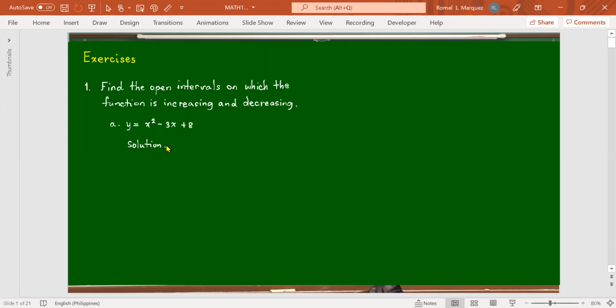So to determine where this function is increasing or decreasing, we get the derivative. So for the first derivative, we have 2x minus 3. Then to determine where y is increasing, decreasing, we're going to have y prime greater than 0. Okay? So this is for increasing.